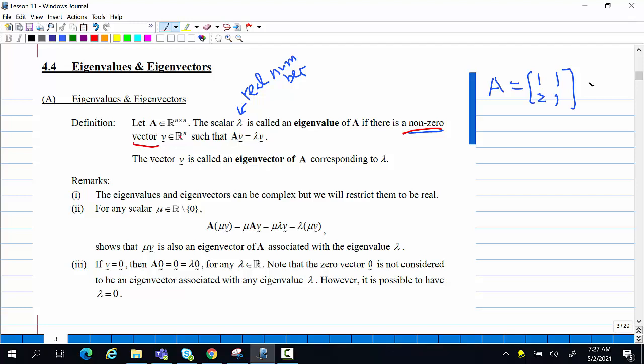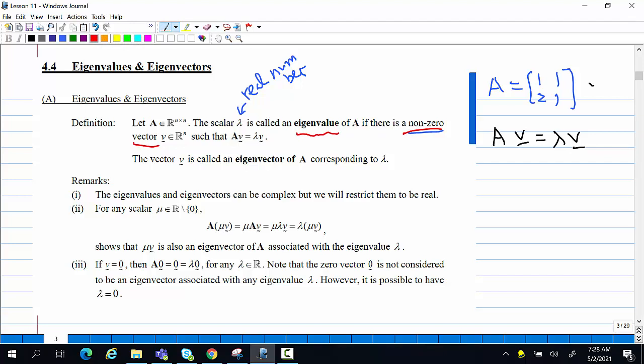So for example, if my A is 1, 1, 2, 1, then there's a vector V such that A times V equals lambda V. And this lambda is called the eigenvalue, and this is what we are after for this lesson.